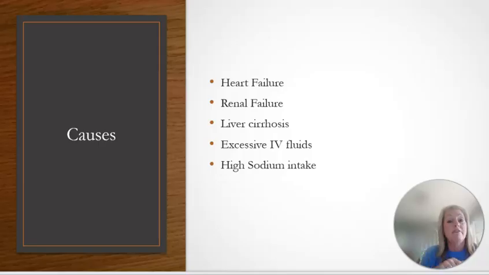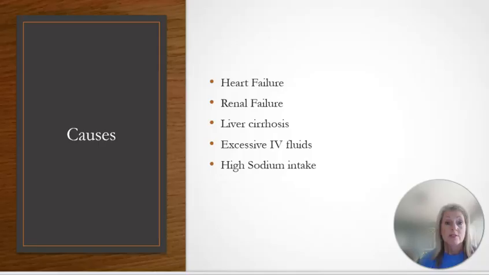So it doesn't pump enough volume, and so the blood backs up. When we get a backup of blood, we get that fluid volume excess because it comes out of the bloodstream and goes into those tissues.